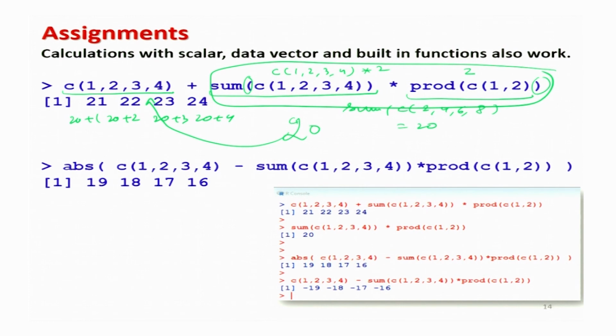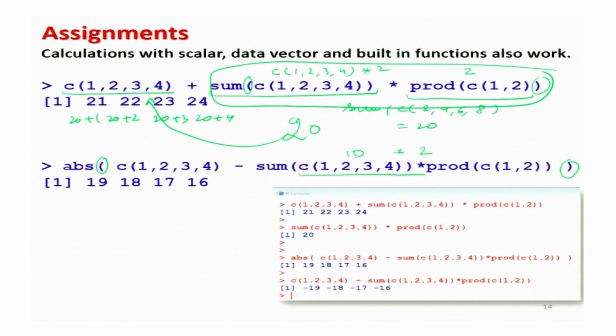Similarly, if you want to find the absolute value of some function, the values are contained inside this parenthesis. This is once again the same thing, c(1, 2, 3, 4). So 1 plus 2 is 3, 3 plus 3 is 6, and 6 plus 4 is 10, and then the product of 1 into 2 is 2.